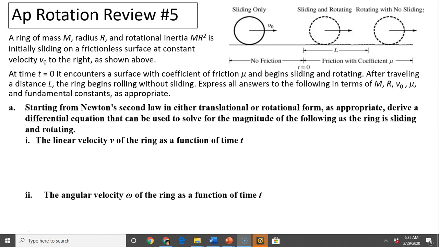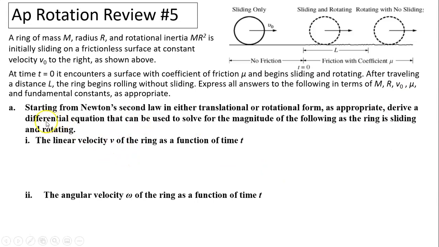We know a differential equation is usually d something over dt. Starting from Newton's second law, we have to use the translational form because you are asked for linear velocity. Make sure you underline that so you know what you are asked to do.